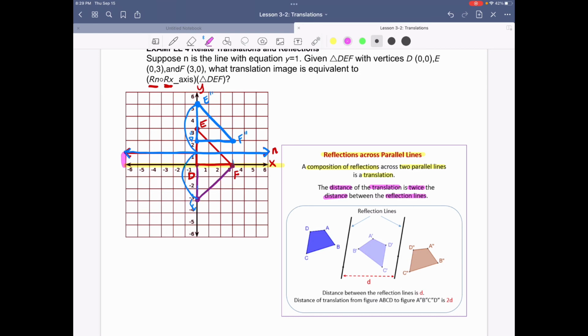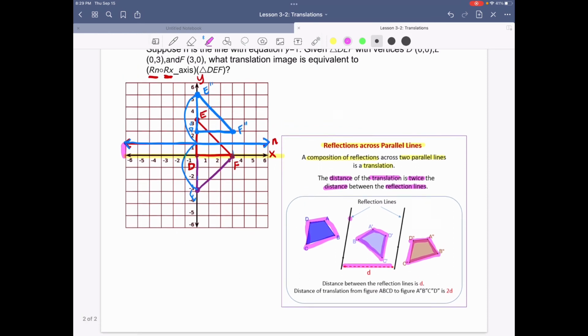And there's a picture of this right here. So in this case, they reflected ABCD over this line, and then they reflected it over a parallel line. And the translation ended up being double this distance. And that is your notes for today.